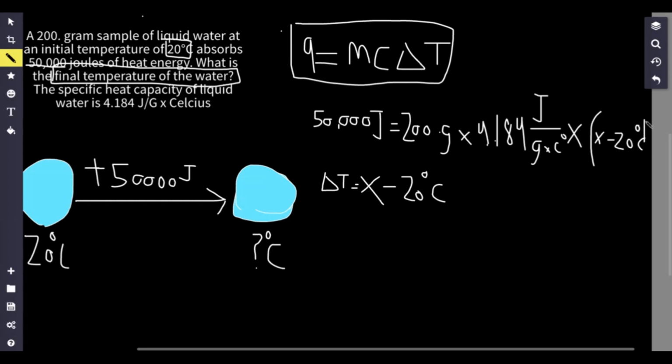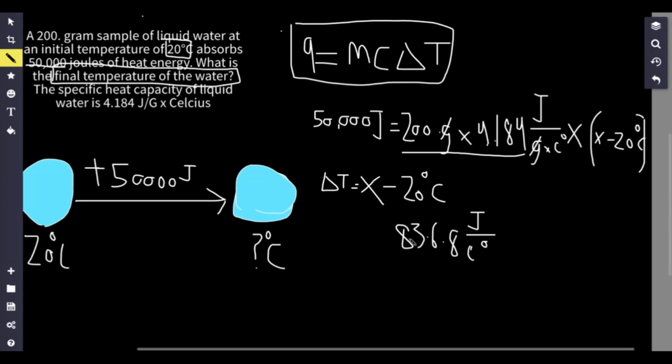Okay. So the way I like to do it, first of all, I'm going to multiply these two parts together, the 200 grams and the 4.184 part. The grams will cancel out, and we get 836.8, and this is going to be joules divided by Celsius now.